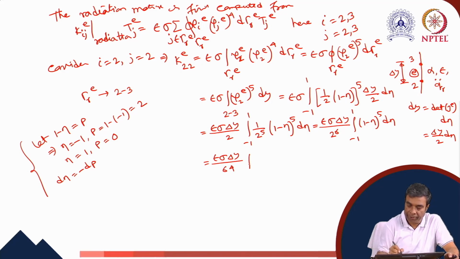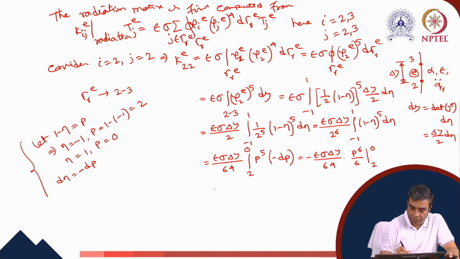Now the limit of the integration is from 2 to 0. 1 minus eta is p, so it is p to the power 5, and d eta is minus dp. So this equals minus epsilon sigma delta y by 64 into p to the power 6 by 6, varying from 2 to 0.